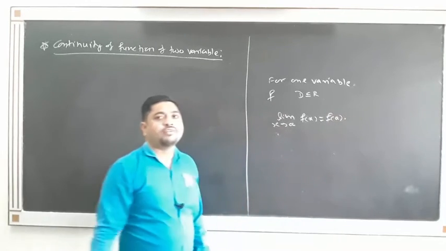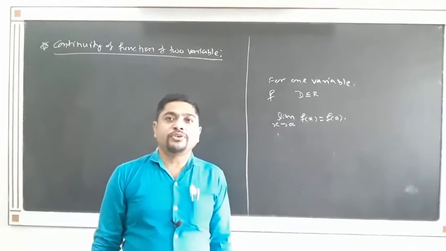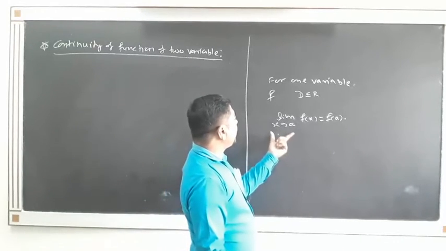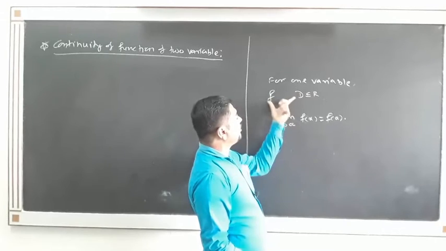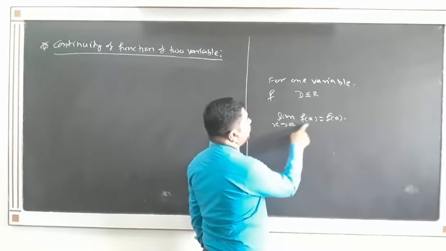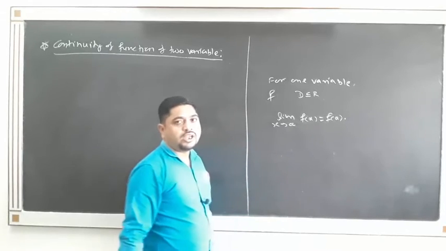That is, the limit we can find by using the direct substitution method. That is what we can say, that the function is continuous if limit x tends to a, f of x is equal to f of a.